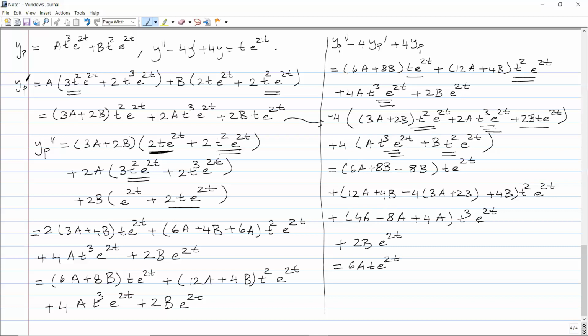And the coefficient of the third term is also 0, and we have the last term, 2b e to the 2t. And this should be equal to t e to the 2t. So the coefficient of t e to the 2t, which is 6a, should be equal to 1, and the coefficient of e to the 2t, which is 2b, should be 0. So that means the number a is 1 over 6, and the number b is 0.